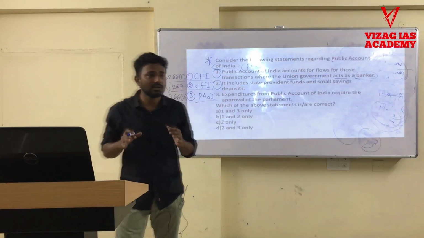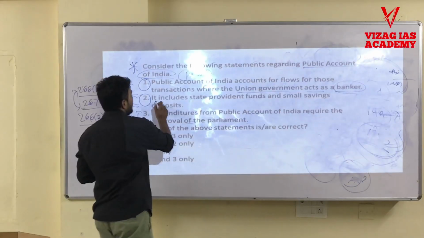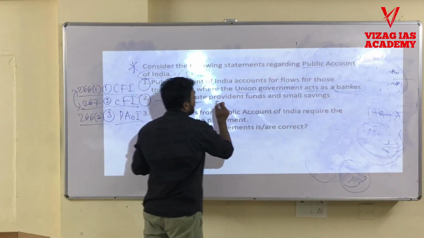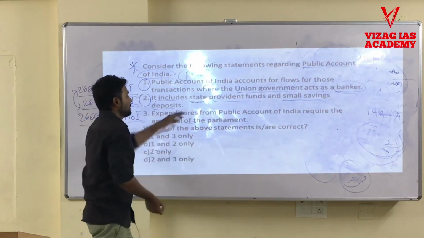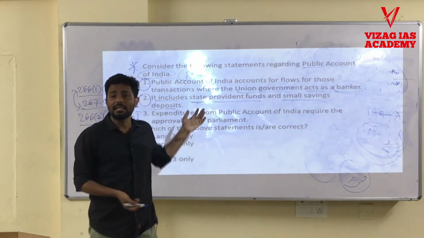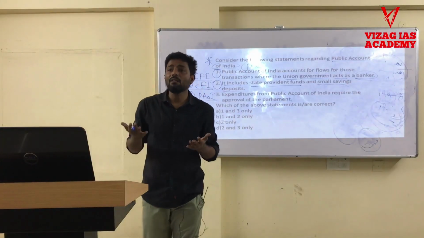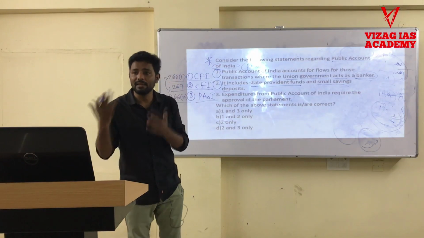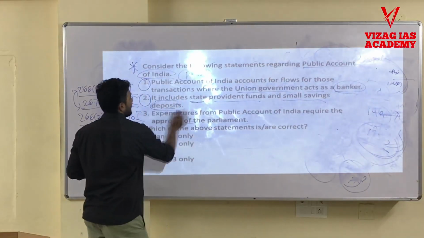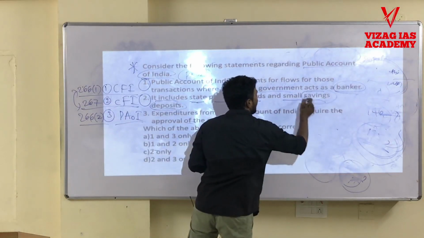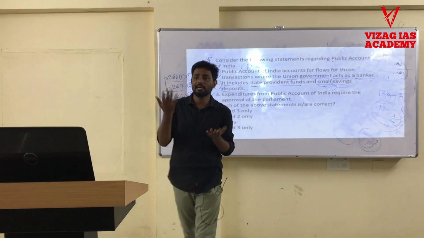What funds are there in the Public Account of India? It includes state provident funds, small savings, deposits. So it includes particularly the deposits and savings of the people, whether small savings or some big savings, that depends; smaller and bigger is relative.